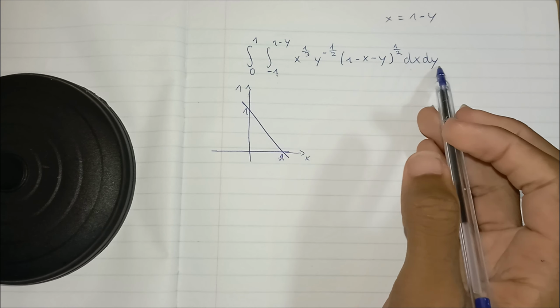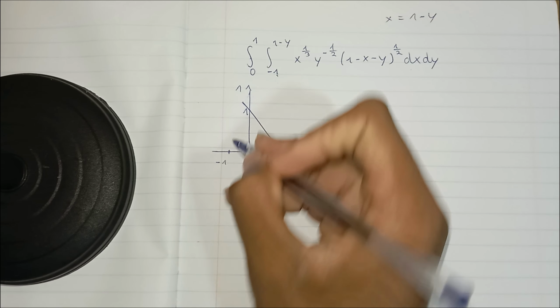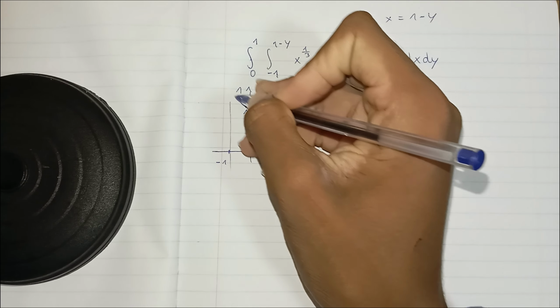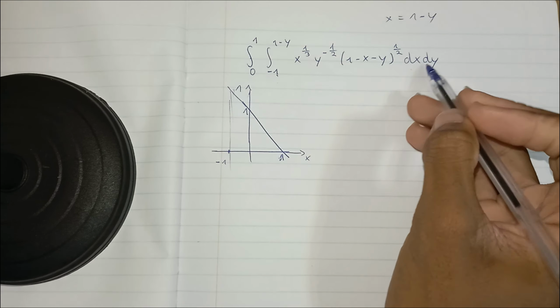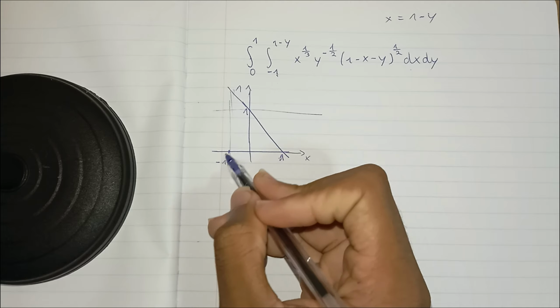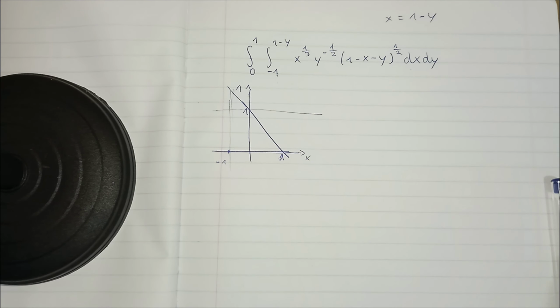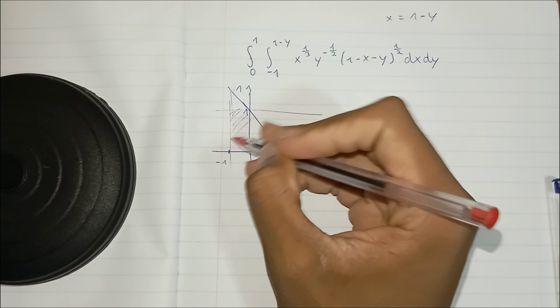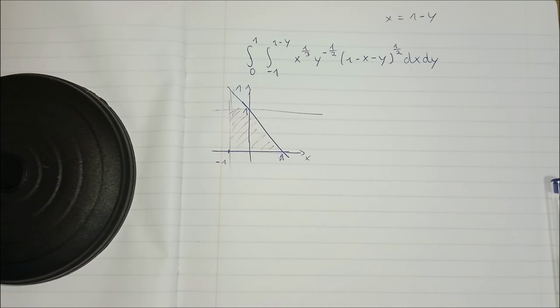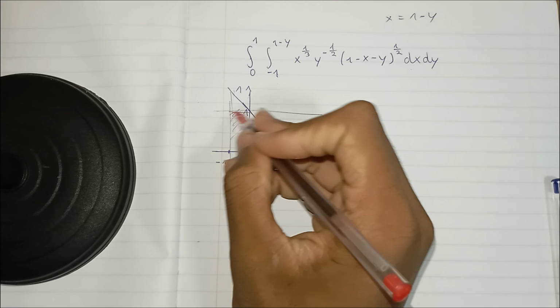When x is equal to -1, here -1, you get this. And y is 1, and it's 0, around here. Yeah, so the region is this. We are dealing with this region here.